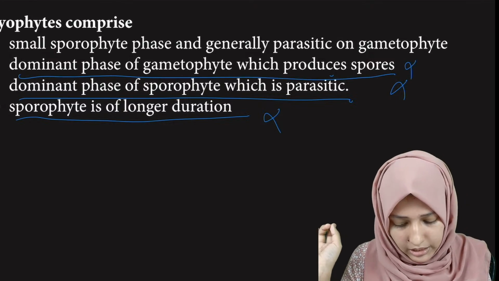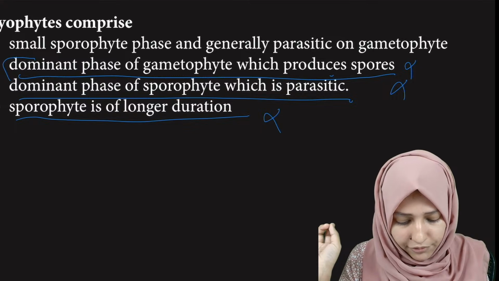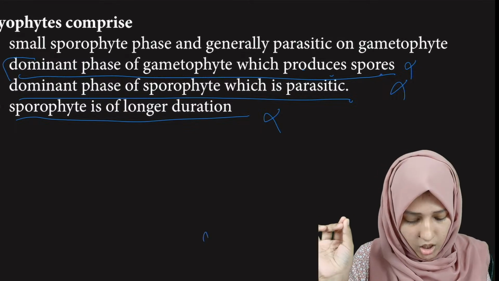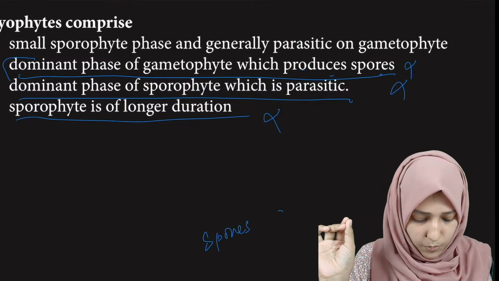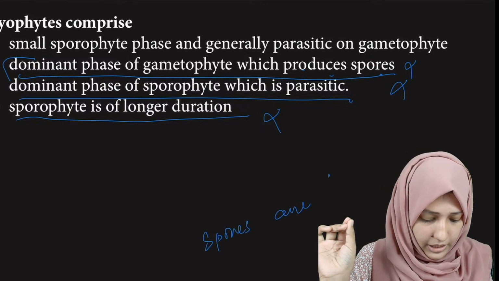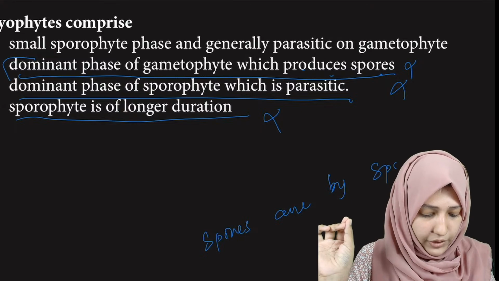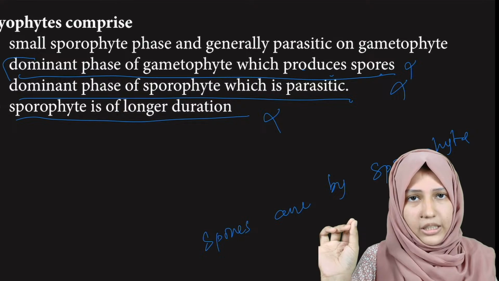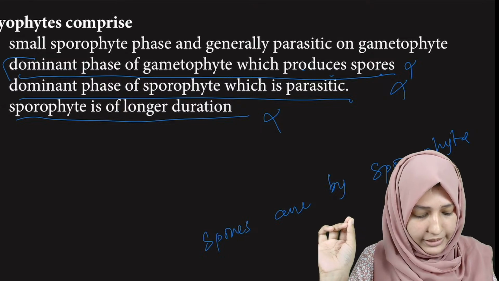Because this is a confusing thing. See, dominant phase of gametophyte, it is right, but it does not produce spores. Spores are produced by the sporophyte, which, as we studied, develops into a multicellular body.